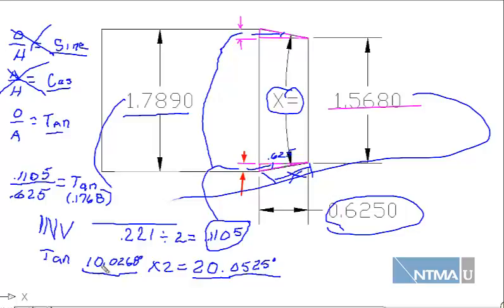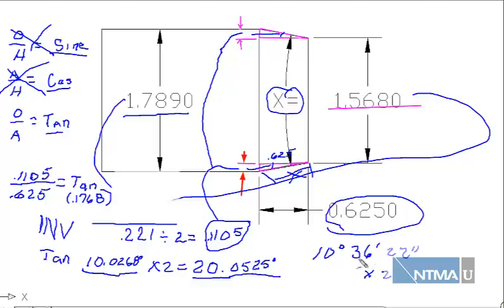Remember, you always, always, always have to multiply while it's in decimal degree form. You can't convert to degrees, minutes, and seconds and then multiply. I'll write this down so you can see what I mean. If you got 10 degrees, 36 minutes, and 22 seconds, you can't multiply that times 2, because there are only 60 minutes in every degree.